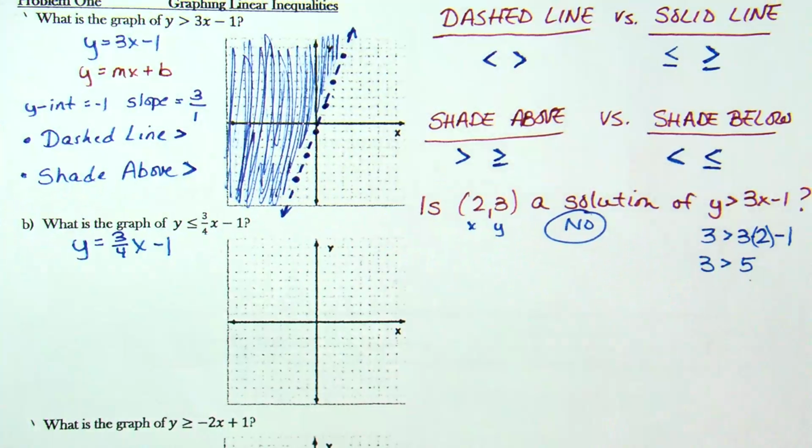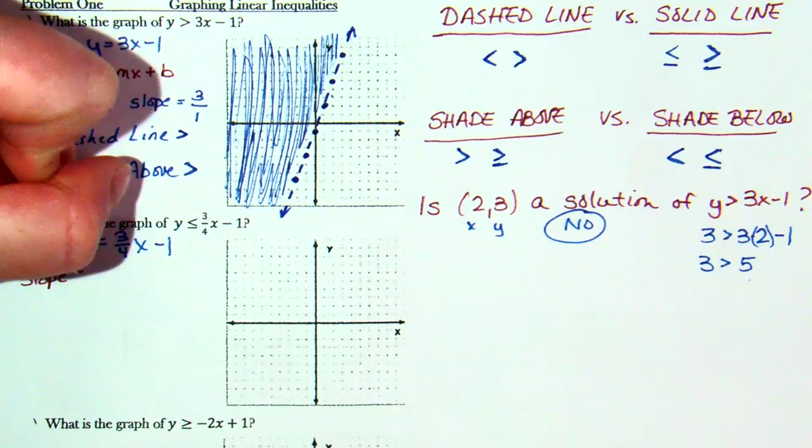And a y-intercept of -1. So first thing we're going to do is go down. Where's that first dot? Down 1. How do we do a slope of 3/4? Up 3/4.